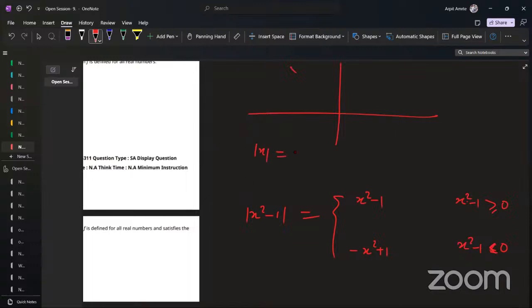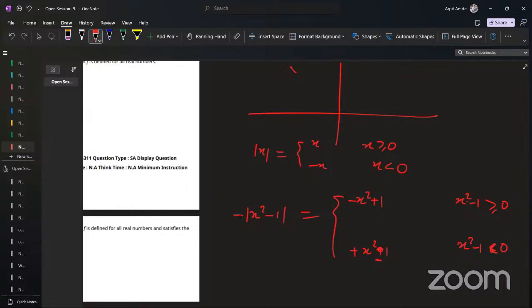Now, how do we open a mod? It will be x when x is greater than or equal to 0 and minus x when it is less than 0. Now, if I am introducing a minus here, it will be minus plus, plus minus.